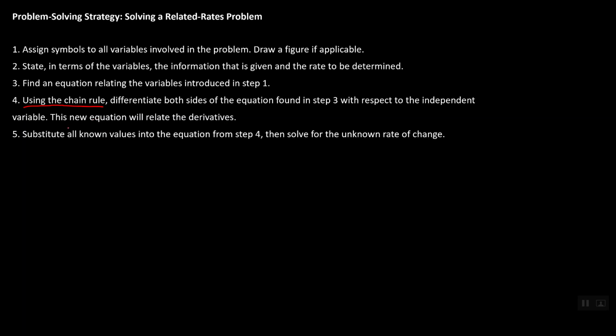That resulting equation will relate the derivatives. So that equation in step 4, that's the related rates equation. From here, we'll move on to step 5, plugging in all the known values and then solving for that unknown rate of change. So let's see an example.